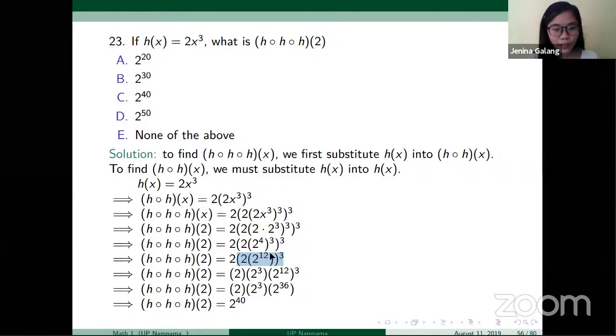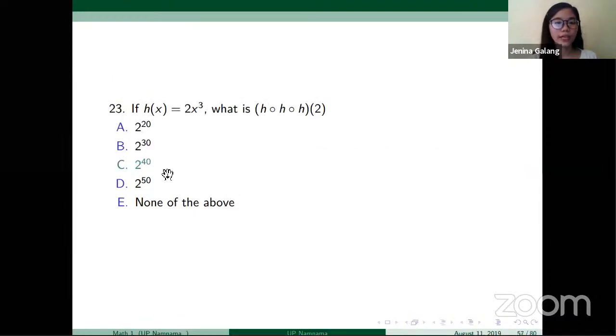So, we distribute this exponent doon sa 2 dito. So, we will have 2 raised to 3 and 2 raised to 12 raised to 3. So, rule of exponent ulit, we have 12 times 3, 2 raised to 36. So, pag-plus nyo lang itong mga exponents na to, we have 36 plus 3 plus 1, we have 40. So, letter C.